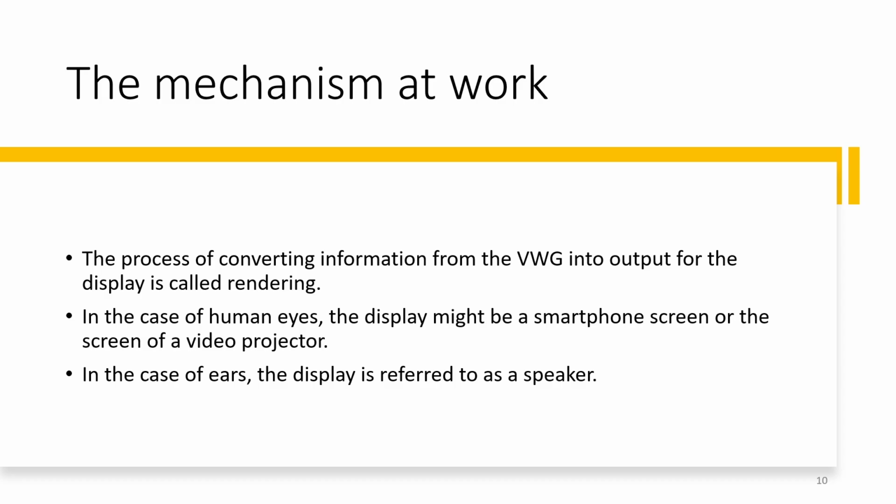This process of converting information from the virtual world generator into output for the display is what is known as rendering. When we convert the information from the virtual world generator into the output that is shown on a display such as a visual display or an aural display, we call that rendering. In the case of the human eyes, the display might be a smartphone screen or the screen of a video projector as well. In the case of ears, the display may be a speaker.